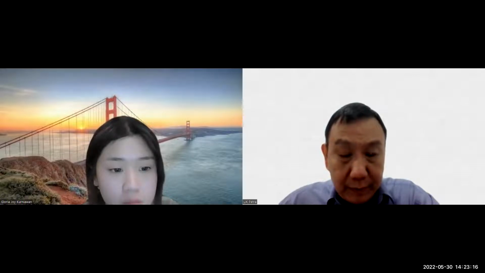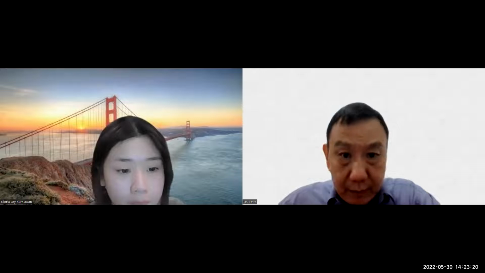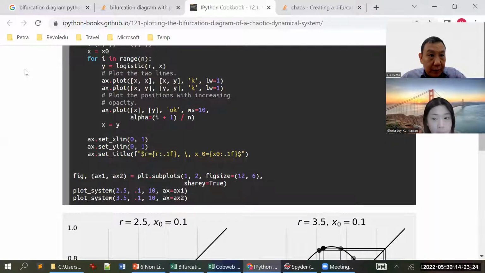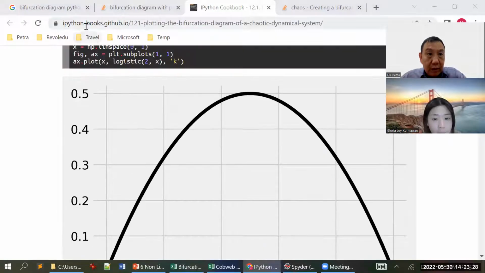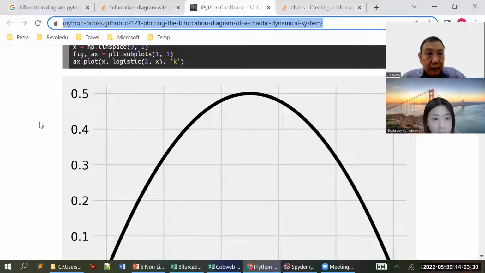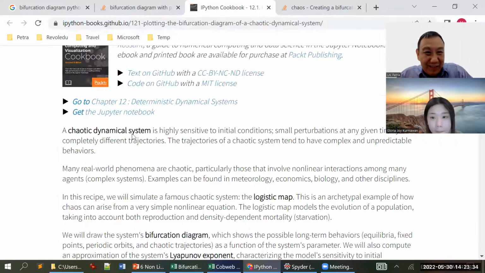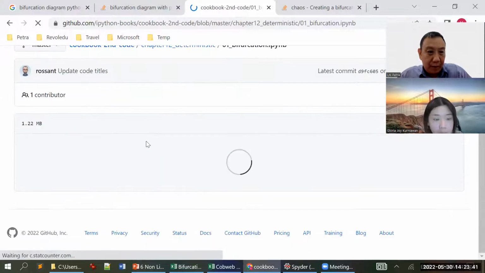So this is the website, this is the address. This is for Leafy. And there is a Jupyter notebook there also, so you can also try, in GitHub.